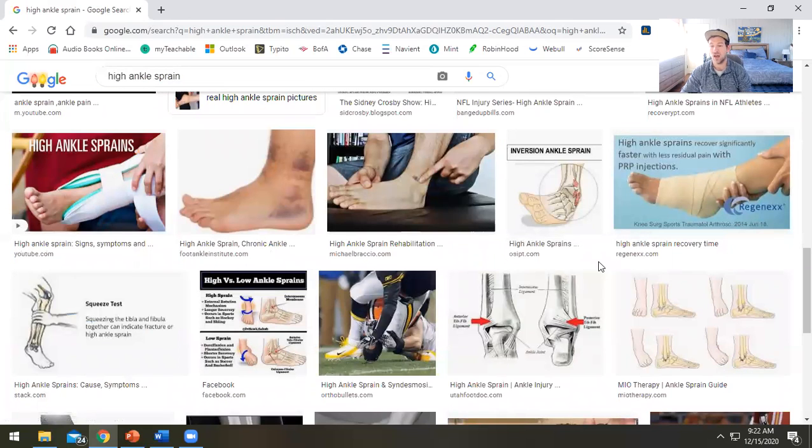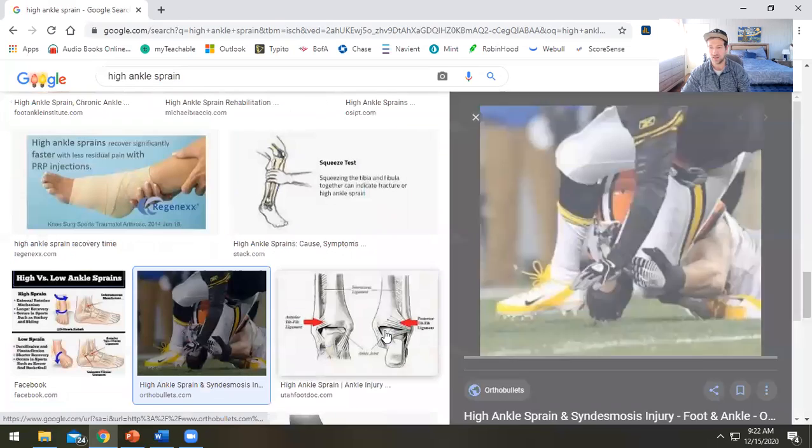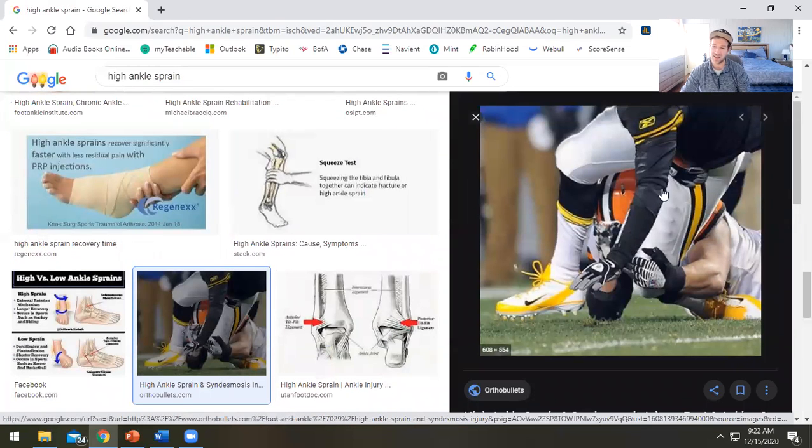And so high ankle sprains are not quite as common. Usually it happens, there it is. It usually happens during a tackle or something. Someone will grab it and cause this massive dropping, or sometimes even if you pull it too far this way, both of those can result in ankle sprains.